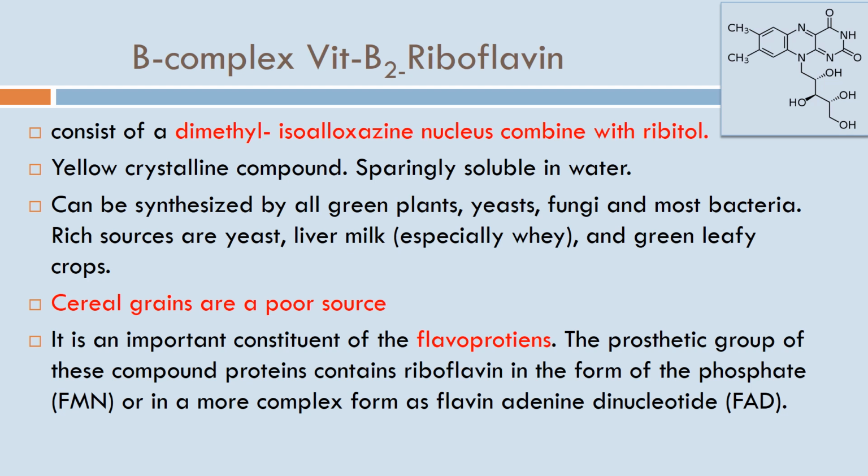Vitamin B2 or riboflavin is an important component of flavoproteins. The prosthetic group of these compound proteins contains riboflavin in the form of flavin mononucleotide, or in a more complex form known as flavin adenine dinucleotide.